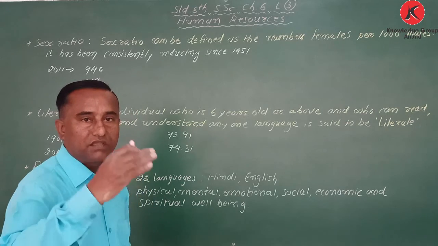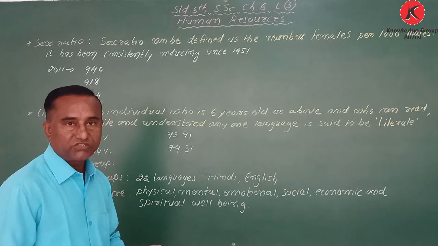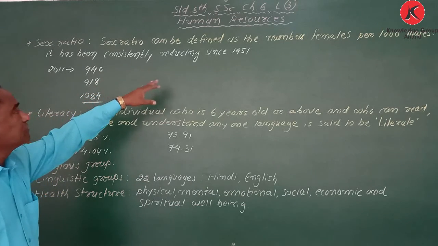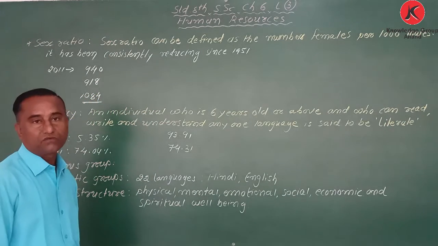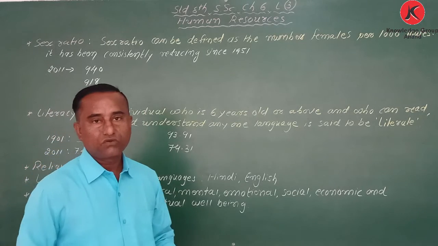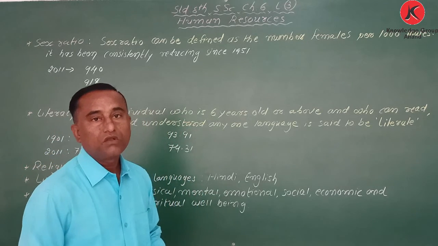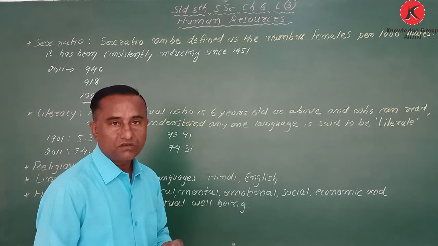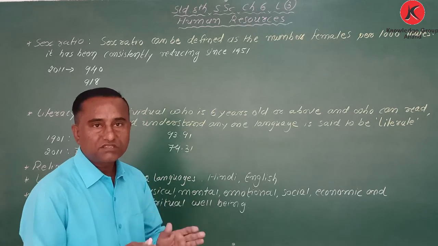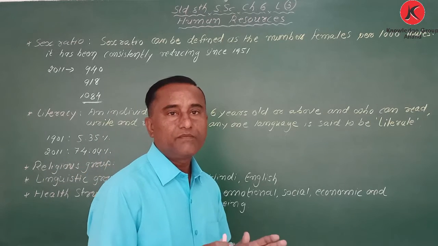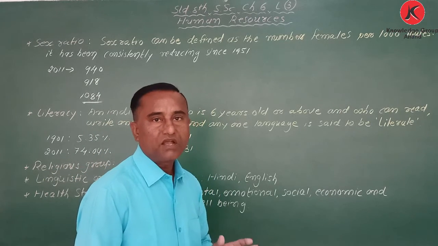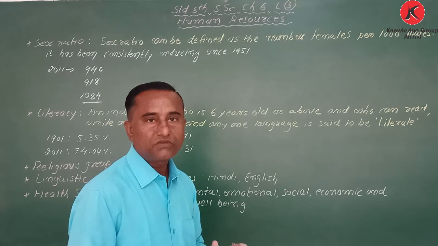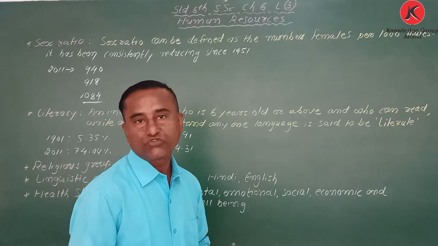My dear student, the sex ratio has been constantly reducing since 1951. Even today, what happens when a girl is born? When the female child is in the womb and they go for sonography and come to know that it is a girl, they go for abortion.